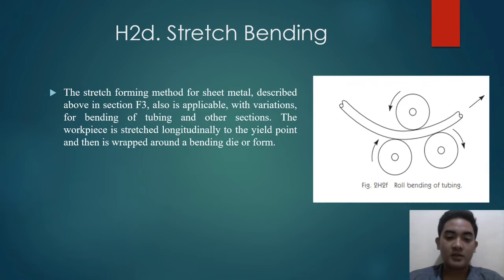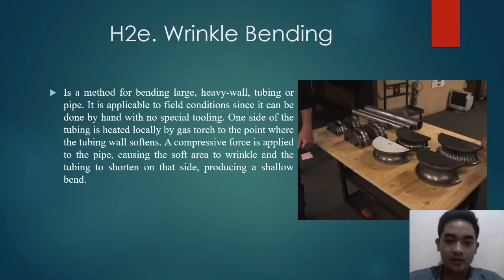Next, stretch bending. The stretch forming method for sheet metal described above in section F3. This is stretch bending. This is rotated. This is a material. Okay. Next, wrinkle bending is a method for bending large, heavy wall tubing or pipe.